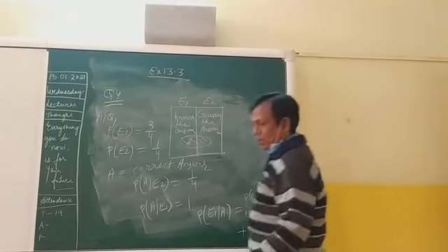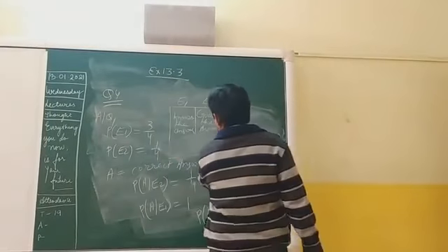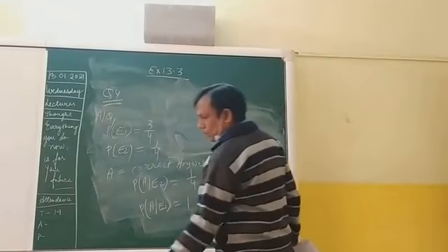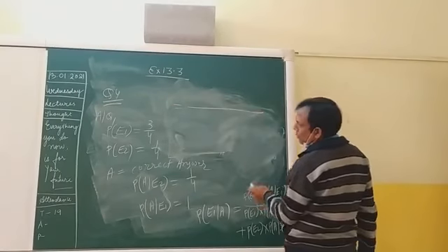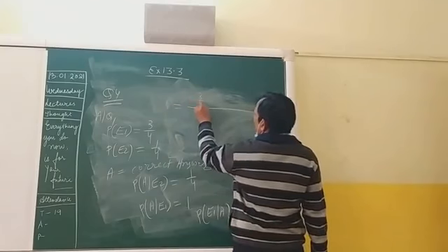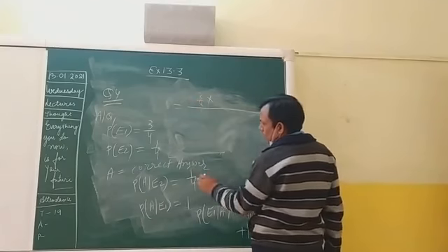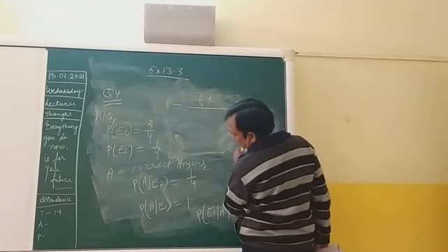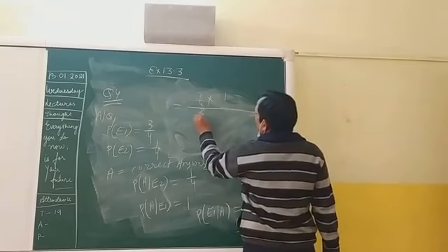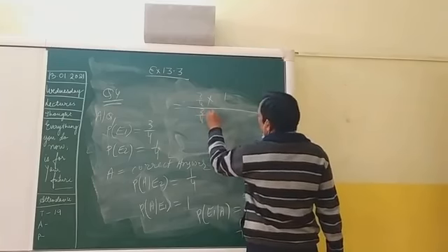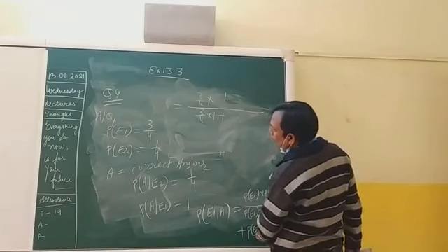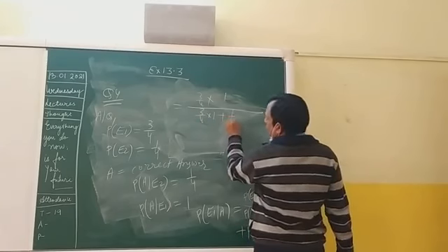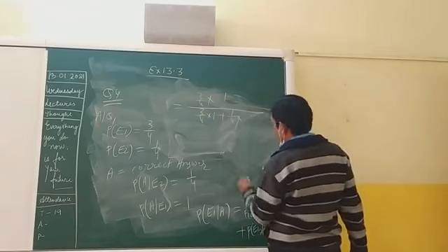Now we have to put the values. What is the value of P(E1)? This is 3 by 4. And P(A|E1)? 1. So this is 3 by 4 into 1 plus what is the probability of E2? P(E2) is 1 by 4, and P(A|E2) is 1 by 4.